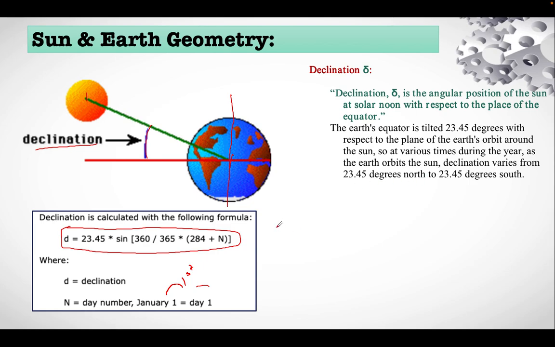Now this declination angle varies from 23.45 degrees towards the north to 23.45 degrees towards the south. So the declination varies in the north and south directions. Considering the sign, towards north we consider positive, and towards south we consider negative. That is the declination, and it is denoted by delta.